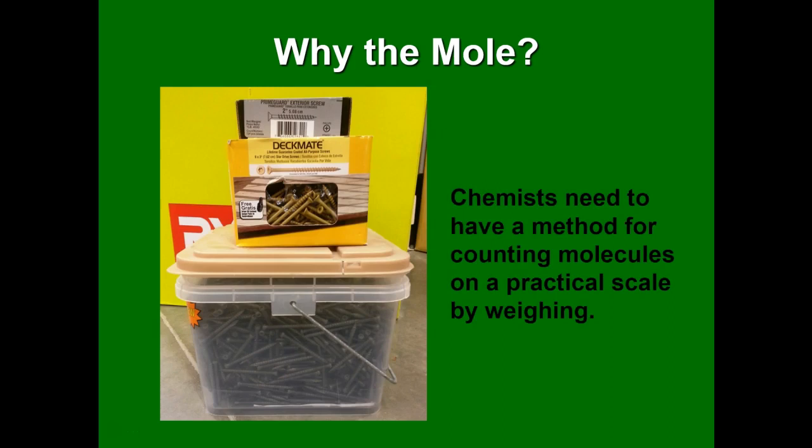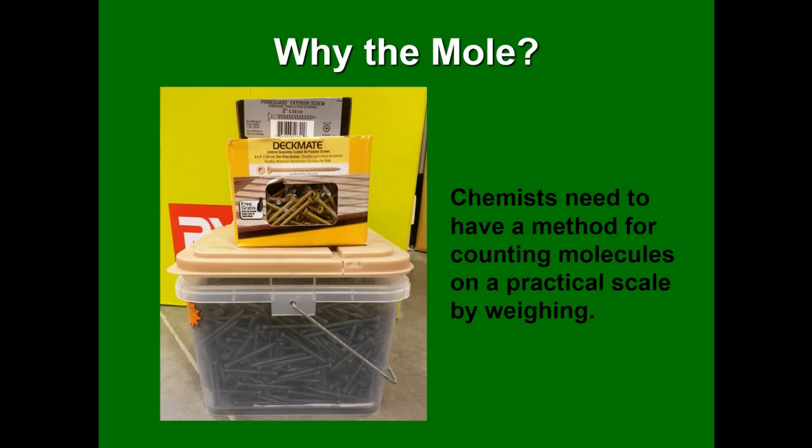And so again, it is typical to go to a hardware store, and if you need a large quantity of screws or nails or even washers or something like that, to purchase them not by a number of objects, but by a mass of objects. And so that's the same way we handle compounds and substances in chemistry. We count them by weighing.